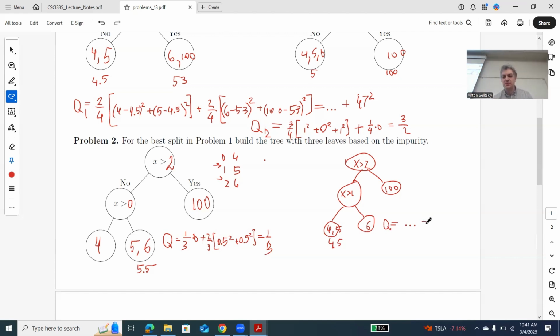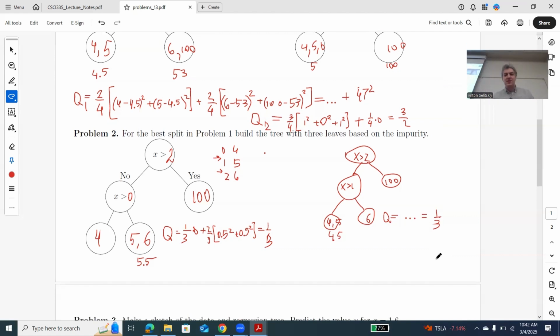It's better if you write explicitly here, like 2/3 times 4 minus 4.5 squared plus 5 minus 4.5 squared. But the result will be the same. And as I said, it's up to you which split to choose.